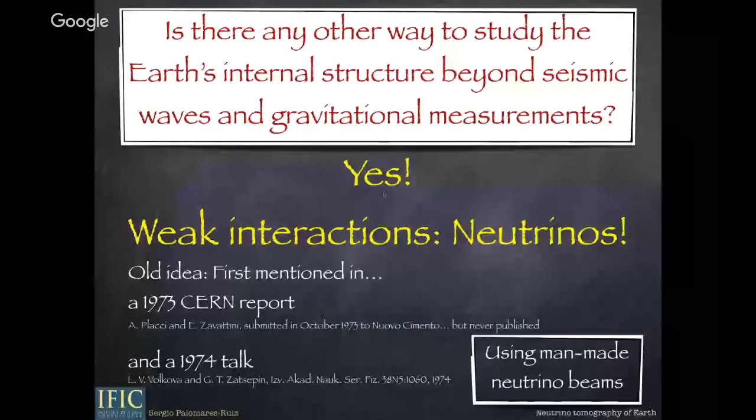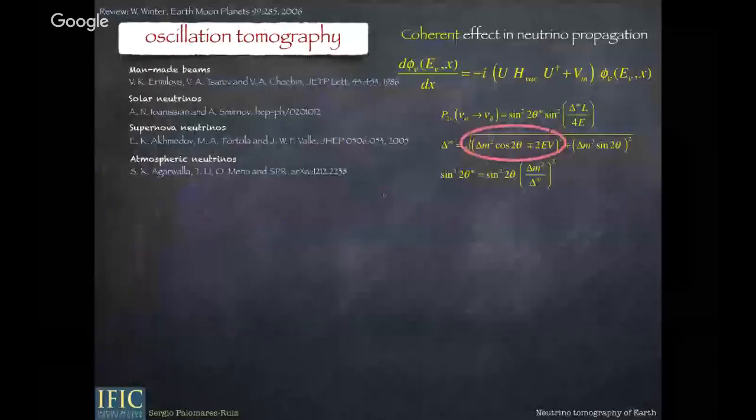And since then, there have been different ideas to use neutrinos to understand the Earth's interior. Let me just quickly go through them. So this is the so-called oscillation neutrino tomography, in which one uses the coherent matter effect of neutrino propagation.